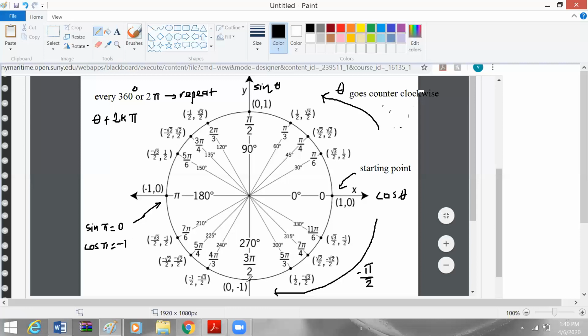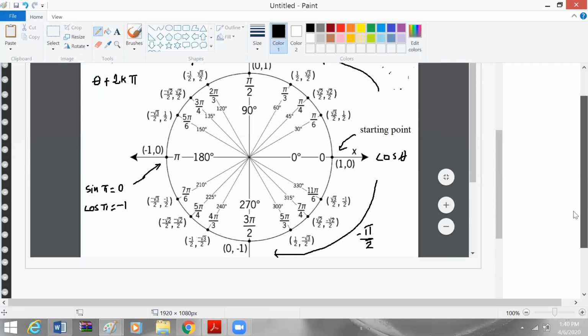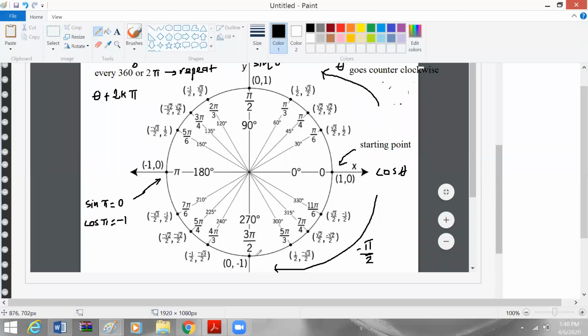Okay, and similarly, we have to go right there. And for this point, we can check the sine of 3 pi over 2 that we have is -1.